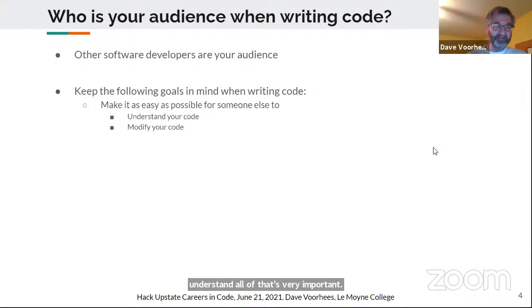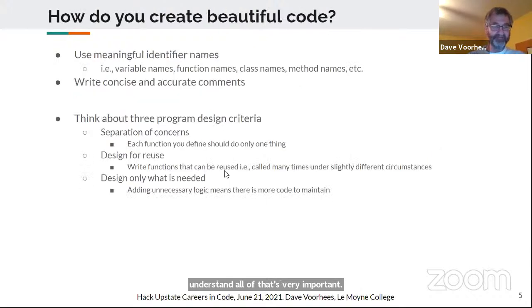So let's get right to my definition of what it takes to create beautiful code. So the first couple of bullets here, I think, are pretty easy, self-explainable. Certainly, when you name things in your code, those names should be descriptive. They should be meaningful.